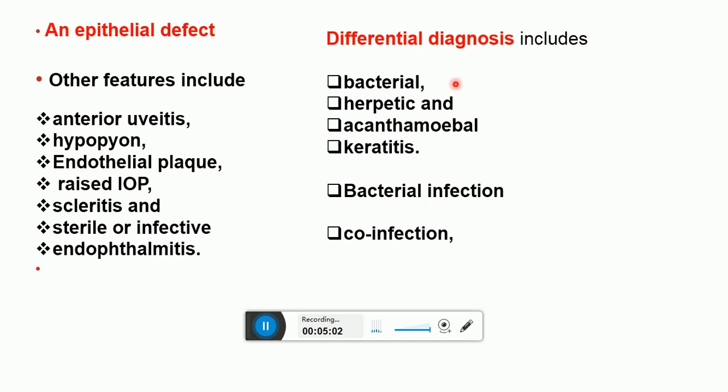The differential diagnosis includes bacterial, herpetic, and acanthamoebal keratitis. Bacterial infection may sometimes present in a subacute fashion, particularly when atypical organisms are responsible. It is important to be aware of co-infection, including an additional fungal species.